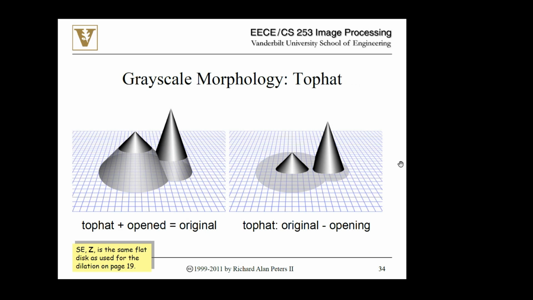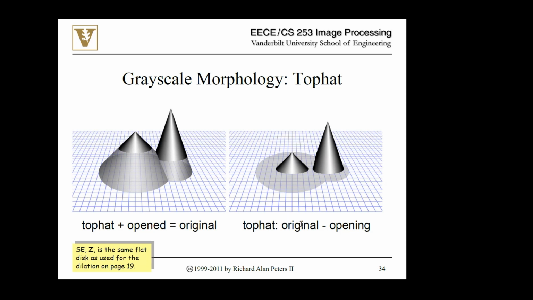Okay, so let's define more advanced operations. The first one is the top hat. The top hat is defined as the original minus the opening. We were saying opening cuts the very bright points. This was the original, and the opening was this one that is somehow shadowed. So what is left is what has been missed: the peaks of the cones.